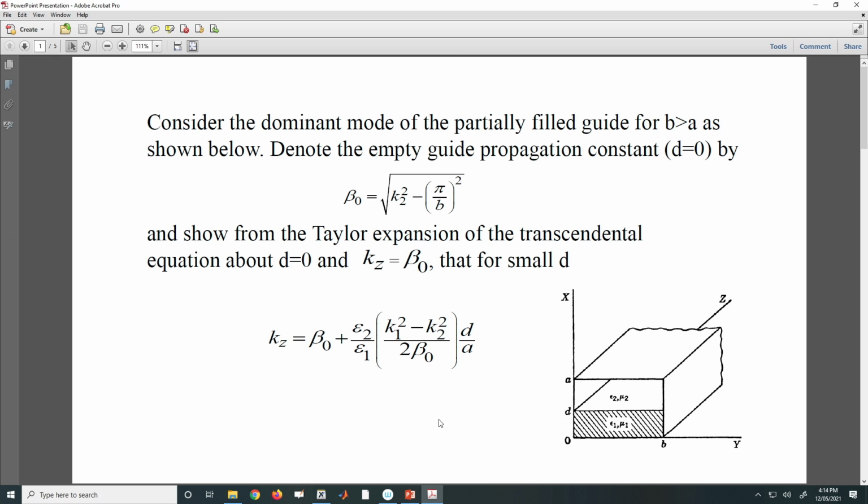Denote the empty guide propagation constant, d equals 0, by beta naught equals root under k2 square minus pi by b square, and show from the Taylor expansion of the transcendental equation about d equals 0 and kz equals beta naught that for small d, kz is beta naught plus epsilon 2 upon epsilon 1 times k1 square minus k2 square upon 2 beta naught times d upon a.